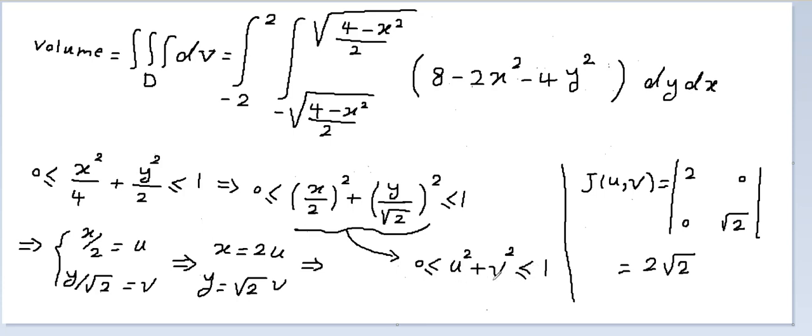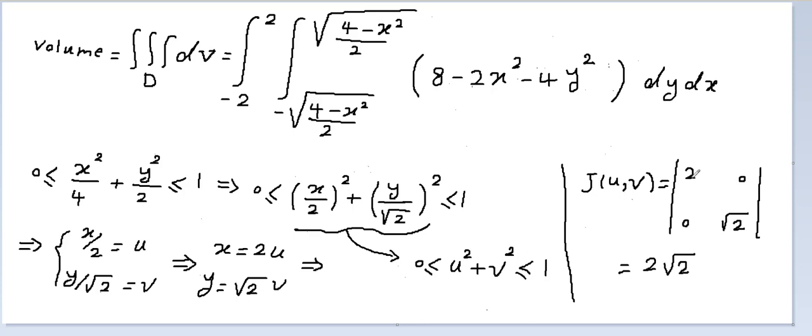So of course when we say between 0 and 1, it means inside, the interior of the circle. So when we use this substitution, we get a double integral with respect to u and v over this circle in the uv plane.